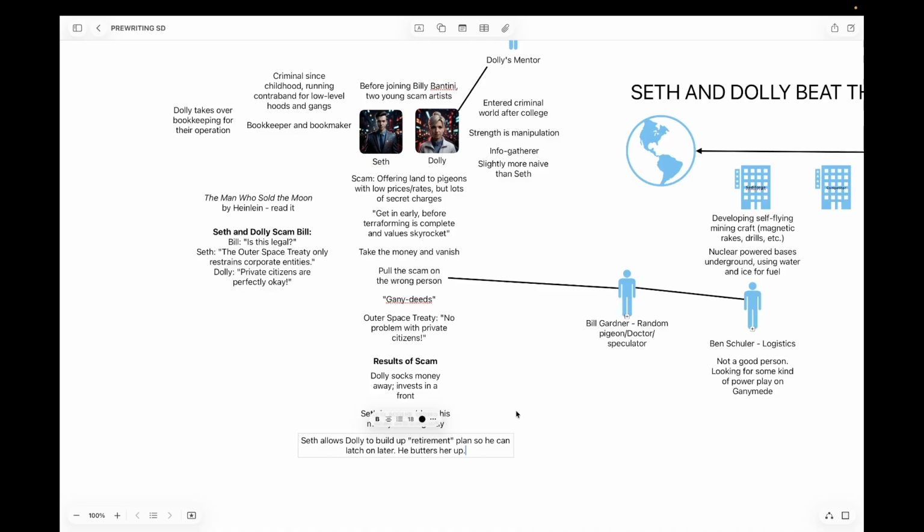But this will... what's the word? I don't know what the right word is. When he butters her up with it, he eventually says something like, Dolly, I love you.